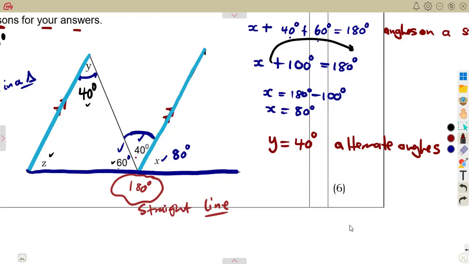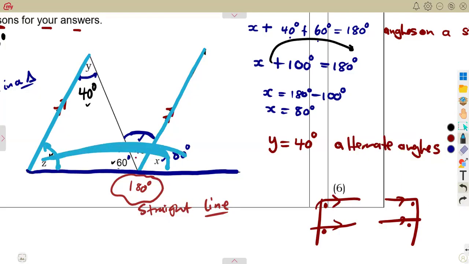Okay, so remember, these are corresponding angles which are equal. Corresponding angles are equal. So from the F concept that you are forming, this angle X here and this angle Z are corresponding to each other. They are corresponding angles. One is inside, another one is outside. This one is inside, this one is outside of the parallel lines.